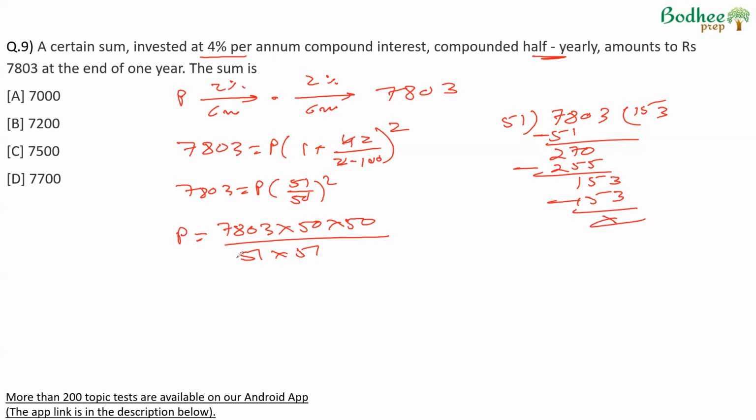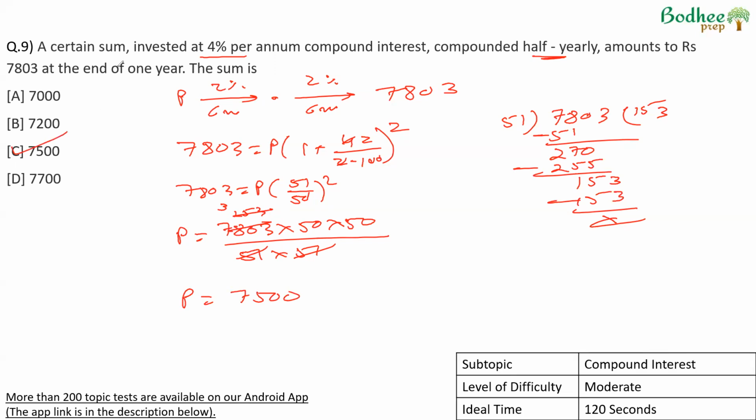And therefore, this gives us 153, which again divided by here will give us 3. 75, sorry. And therefore, P will be nothing but 3 5s are 15 into 5, 7500. Hence, option C becomes the answer.